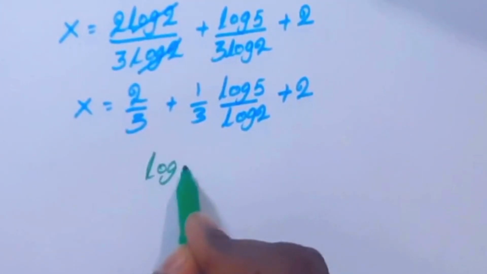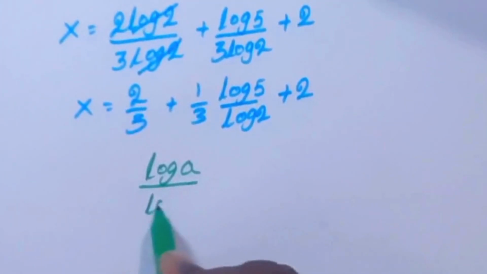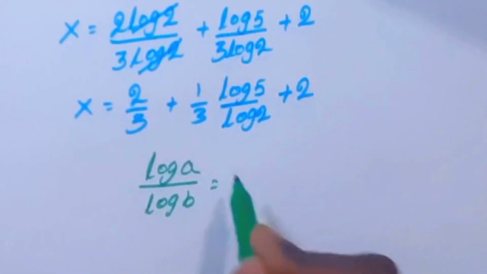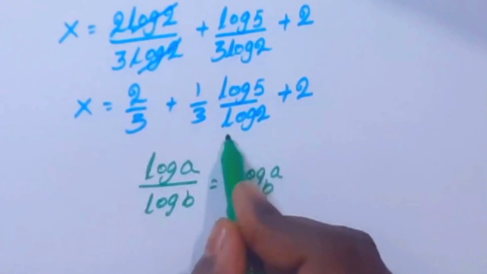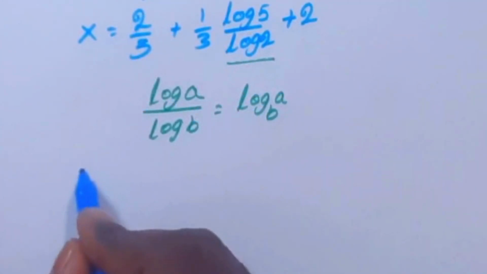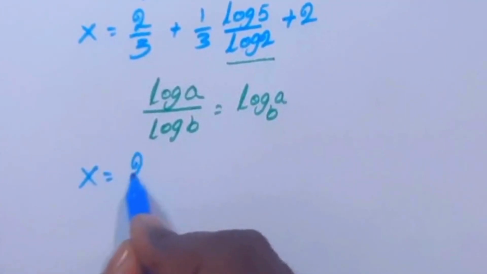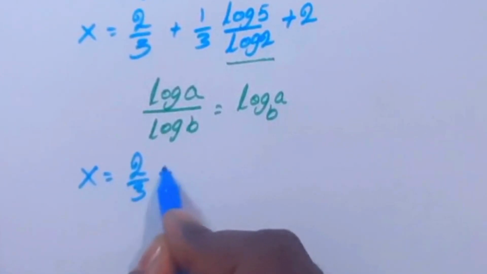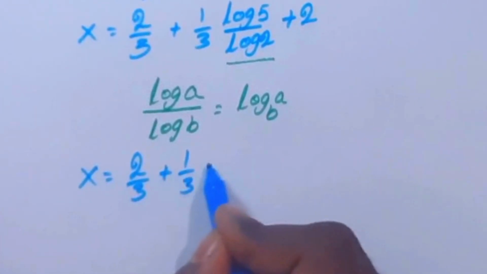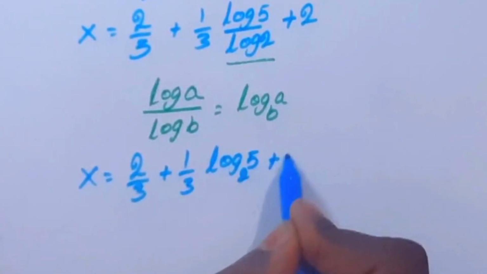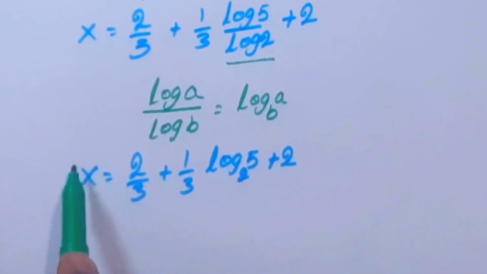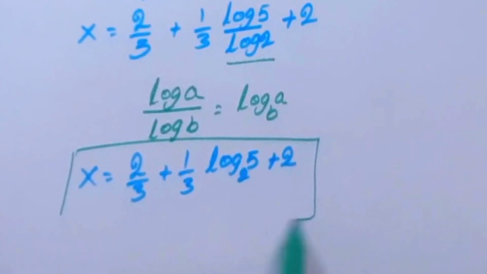Log a by log b equal to log a base b. We are going to apply this here. So x equal to 2 by 3 plus 1 by 3 log 5 base 2 plus 2. This is the x value.